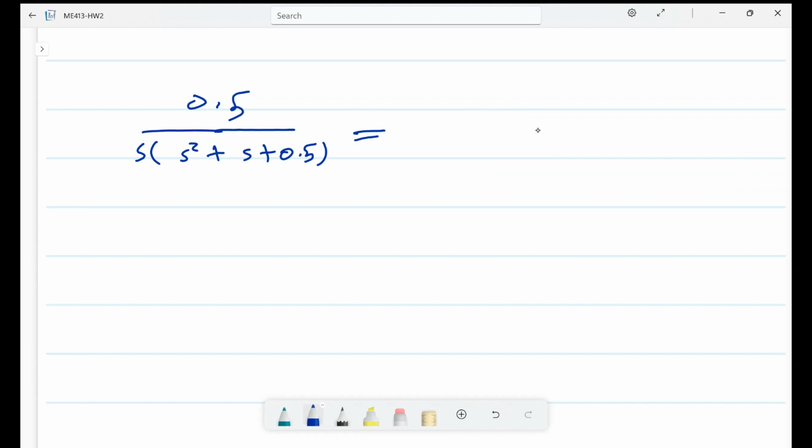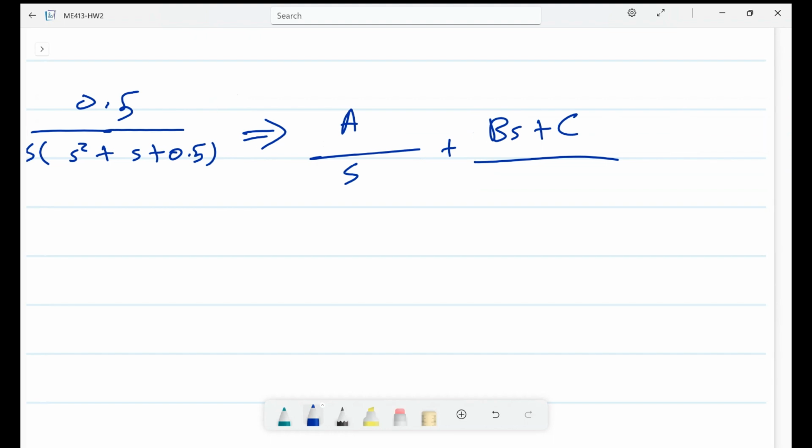Now what we need to do is a further step, which is using the undetermined coefficients method, so that it will be A over s plus Bs plus C over s squared plus s plus 0.5. We will do the completing the square later.